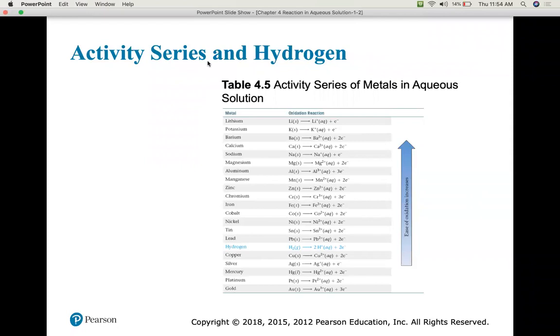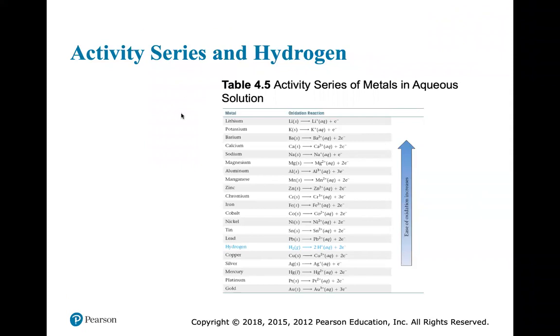Activity series is a list of a few selected metals or elements on the periodic table, listed from the most active to the least active in losing the electron. Remember, oxidation is loss of electron.